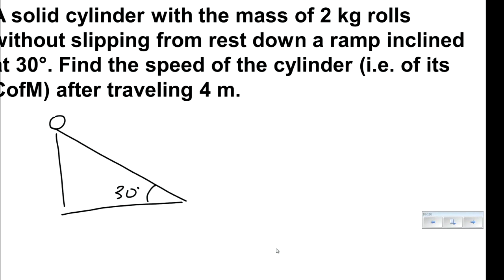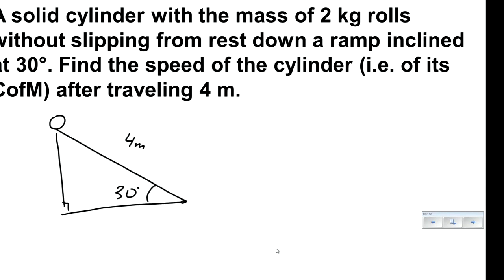Where should I write this number? If we write this number at the correct place, the rest is actually very simple. The only mistake people usually make is, where is 4 meters? What do you think? The hypotenuse is traveling. Traveling means actual distance traveled. So this is 4 meters here.